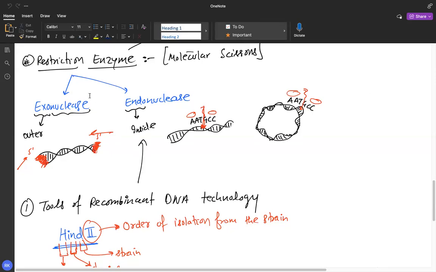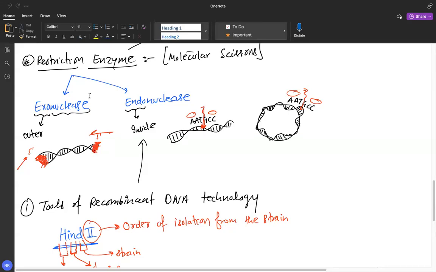So restriction enzymes is another thing. Restriction enzymes are molecular scissors. And these enzymes, again, were isolated from bacterial strains. They're of two types, exonucleases and endonucleases. The words exo and endo speak for themselves. Nuclease means that it degrades nucleic acid, right?